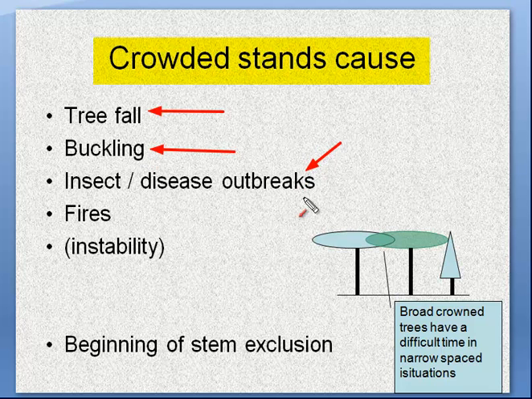Insect and disease outbreaks are more likely because the trees are so stressed competing for very limited nutrients, so they are more available for attack by insects or disease. Crowded stands also have a fair bit of dead material in them and are more prone to fire.